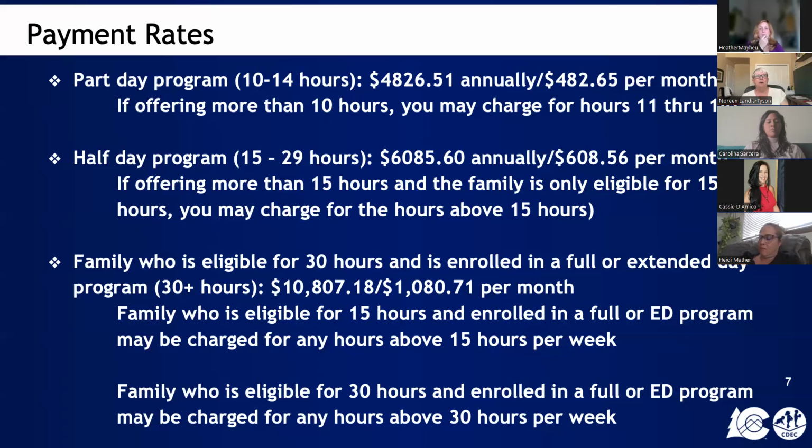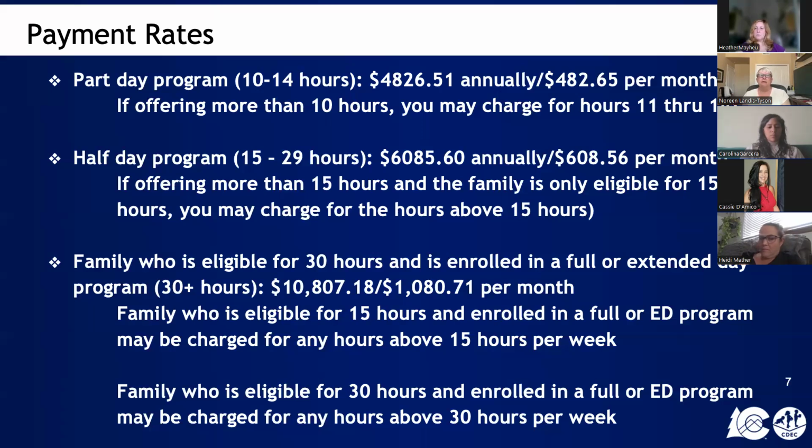The half day program is 15 to 29 hours, and that's $6,085.60 annually or $608.56 per month. And if you are offering more than 15 hours and the family is only eligible for 15 hours, you may charge for the hours above 15 hours.